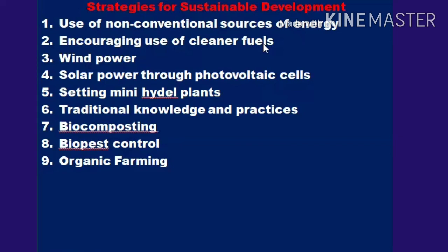Wind power and solar rays are cleaner and greener energy sources which can effectively replace thermal and hydropower if technological progress can be made to explore them on a large scale. So instead of these hydroelectricity projects, wind power and solar power have to be introduced, and other things have to be removed.